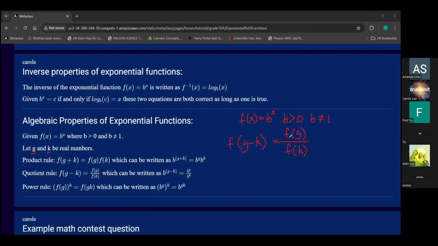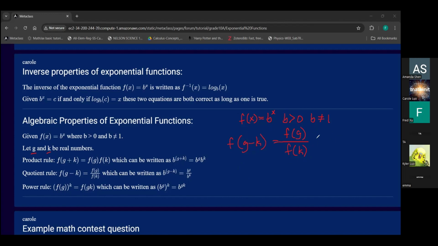It is always the first term, so in this case g is the first term. So this is the variable that you put as the numerator, and then the k is the second term, so you put it as the denominator of the fraction.